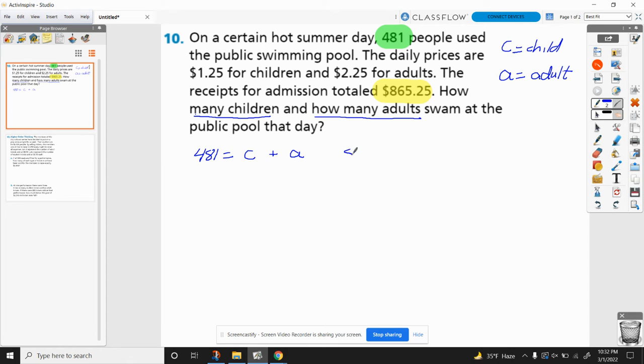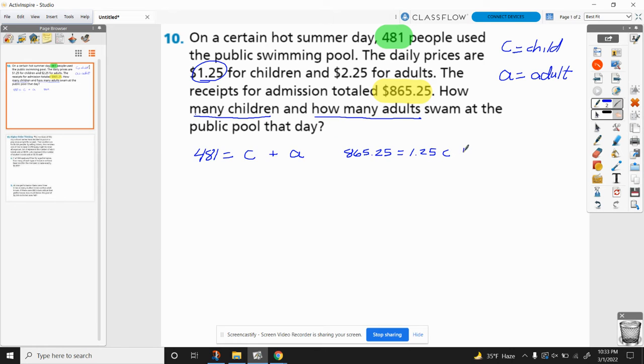Let's say that $865.25 is equal to however much money we got for the children. Well, we know that it is $1.25 per child, so we're going to take that $1.25 and multiply it by C, or however many children came in.